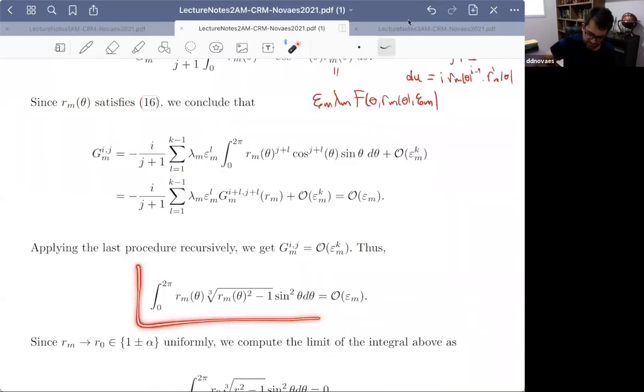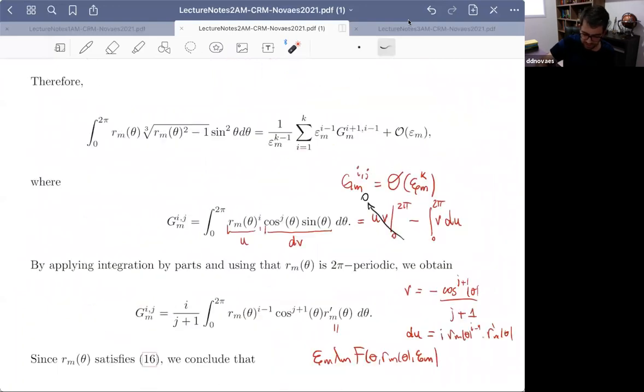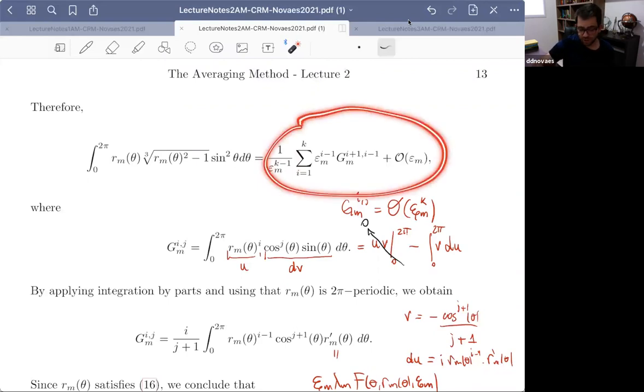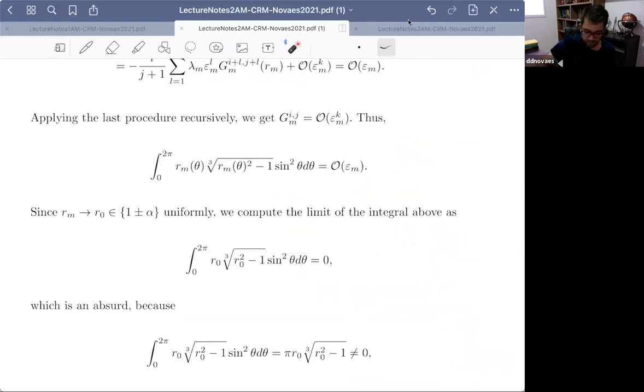We proved that this integral, when I substitute this information here, each one of these functions is power epsilon to k. This is the minimal exponent here. Since I'm dividing by epsilon k minus 1, what we get is an order epsilon n. So this is what we get.